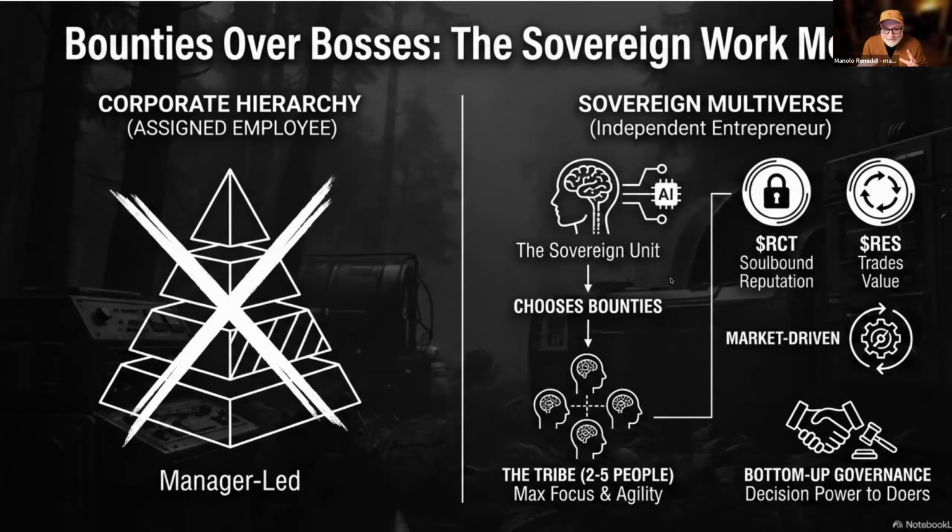Then we build together, we can form tribes, 2 or 5 people, even more if you want. There are no rules about the limits. But something small means really focused and really agile and able to adapt. What we build is not given by a manager, but is led by the demand and the needs. So, for example, today you've been talking about, I need this, this thing is broken, I would like to implement this other functionality and so on. This is how we move.